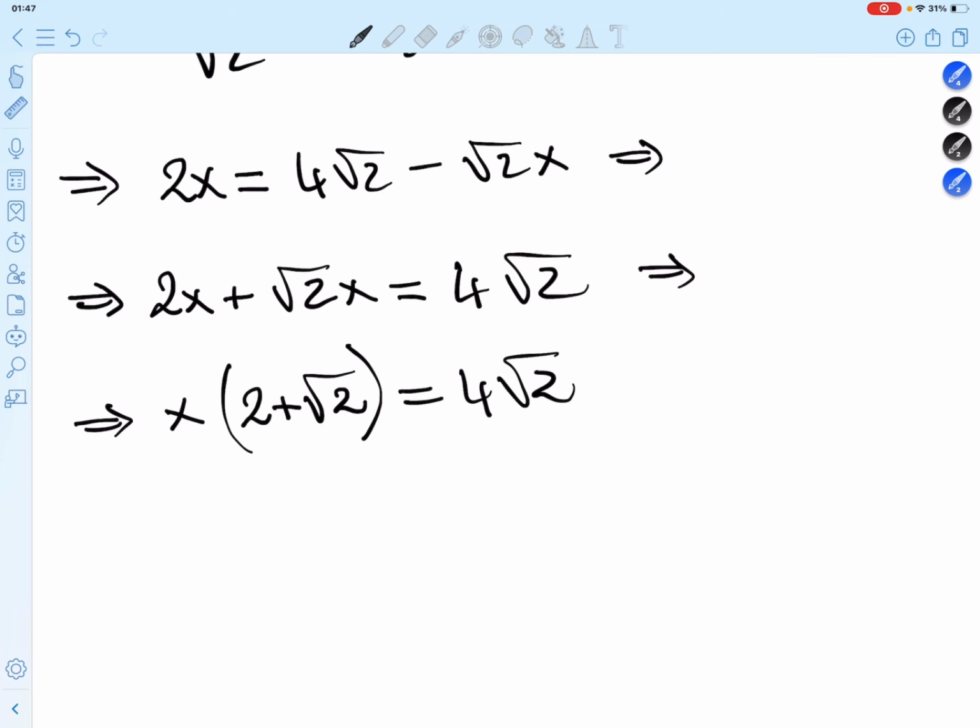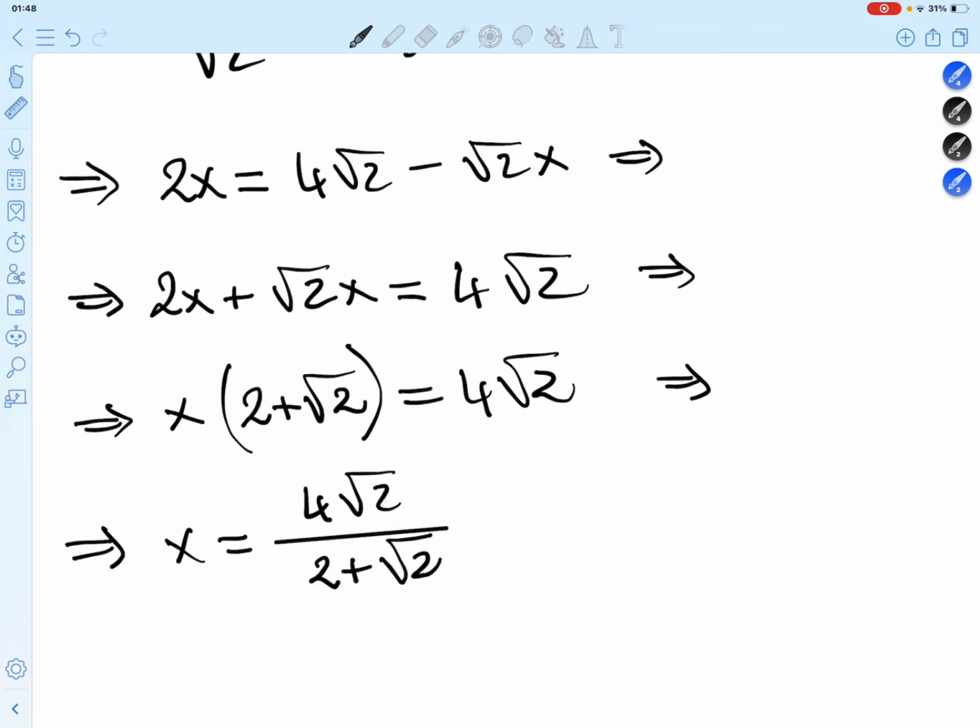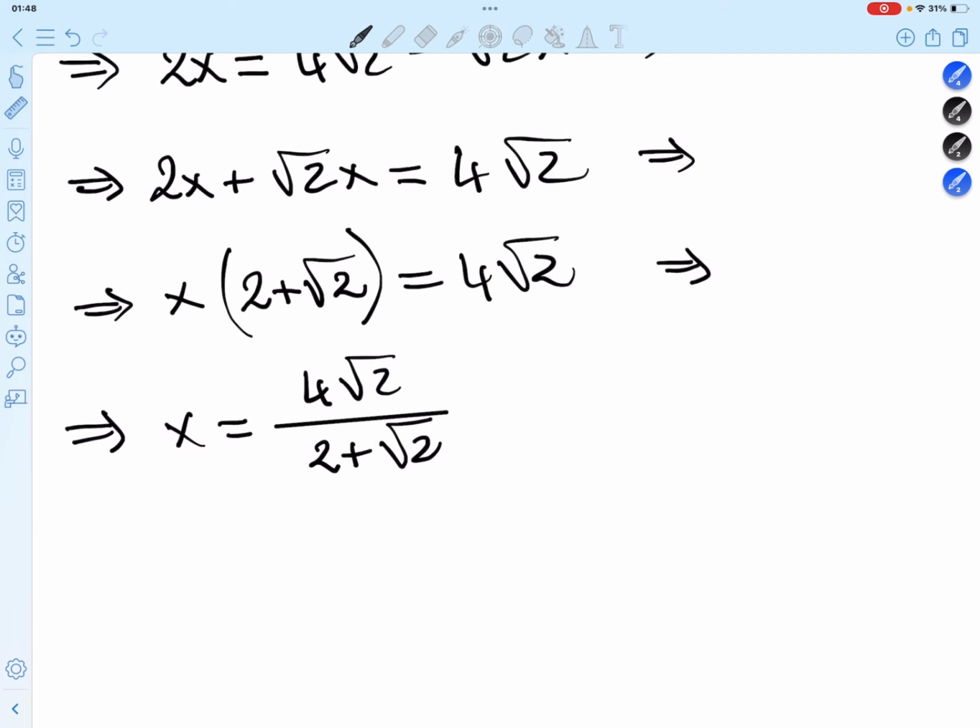Now I divide both sides by 2 plus root 2. I'm gonna be left with x equal 4 root 2 over 2 plus root 2. Now I can get rid of root 2.